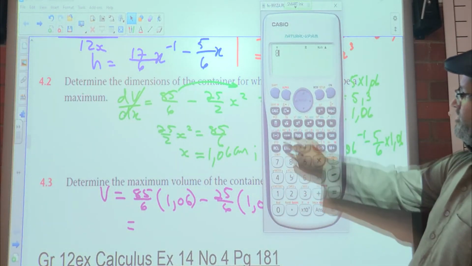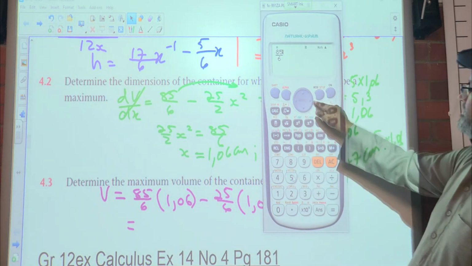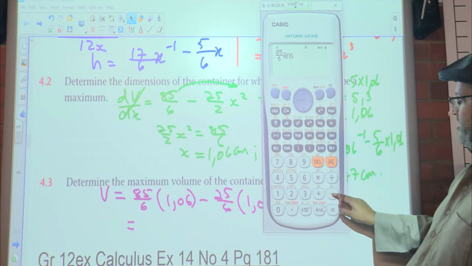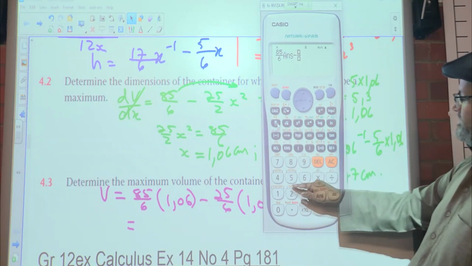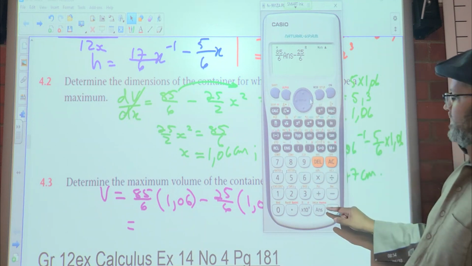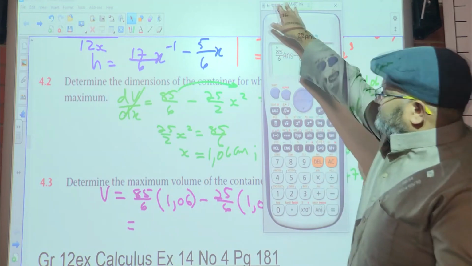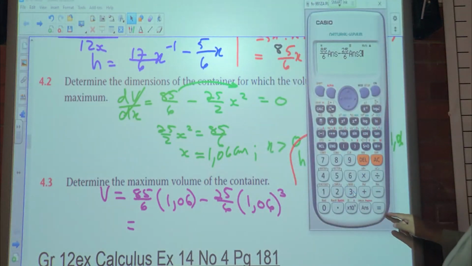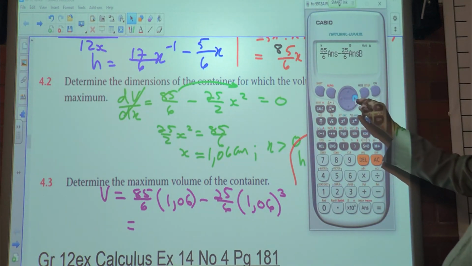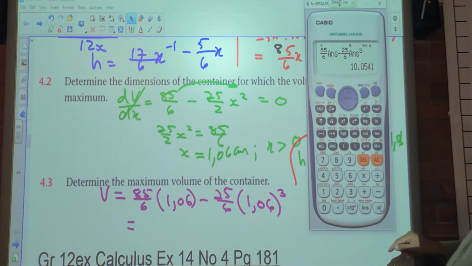So it's going to be 85 over 6 times the answer minus 25 over 6 times the answer cubed. That gives me an answer of 10,05.